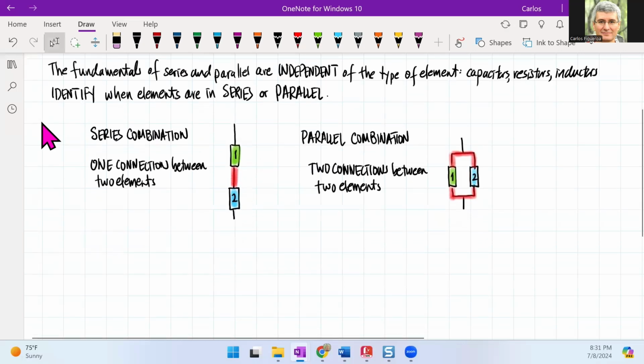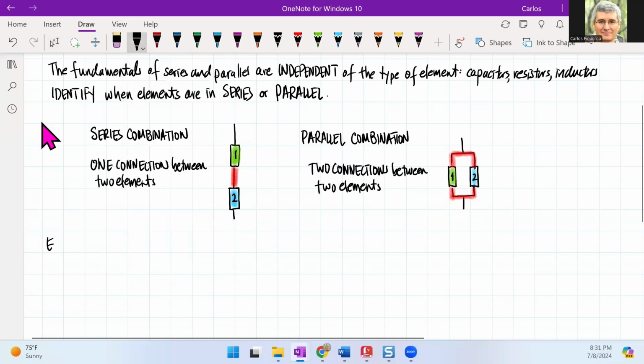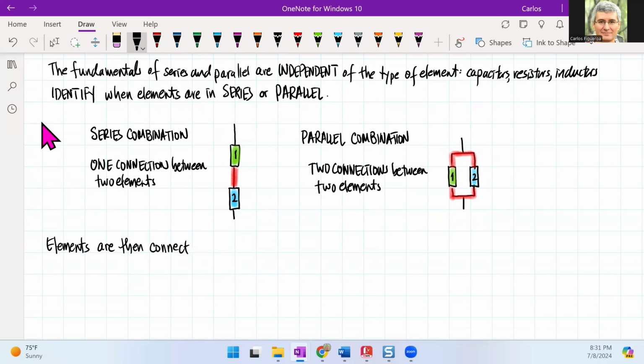Now, when I have this combination, we then say that the elements are then connected to a power supply.